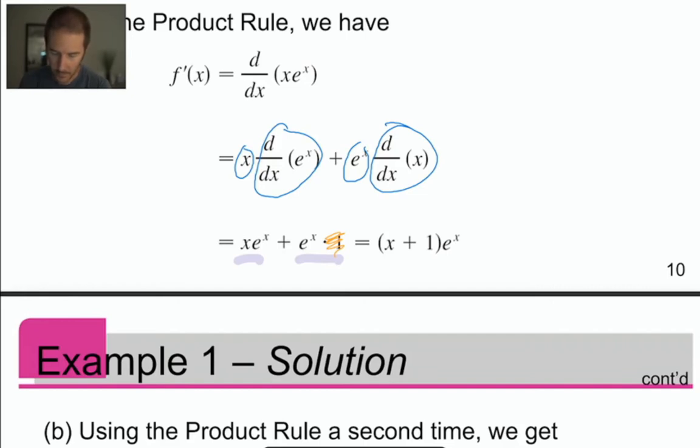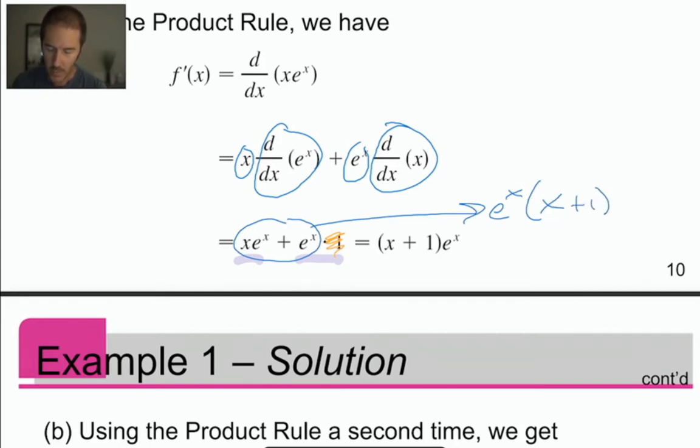Normally, I would be willing to bet that when you factor out a common factor, you would write it first. And if you distribute multiplication by e to the x to both of these terms, you will come back here and get these two terms. 3 times 2, 2 times 3, they both equal 6.